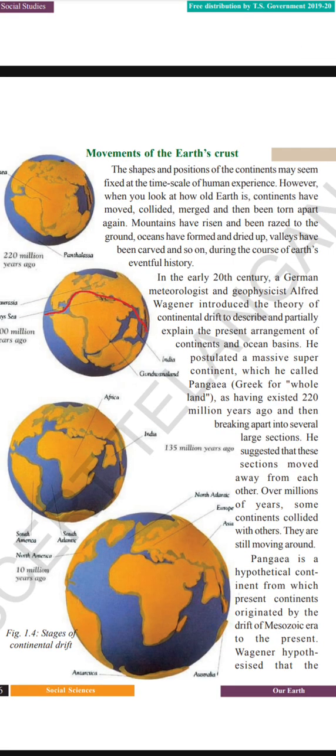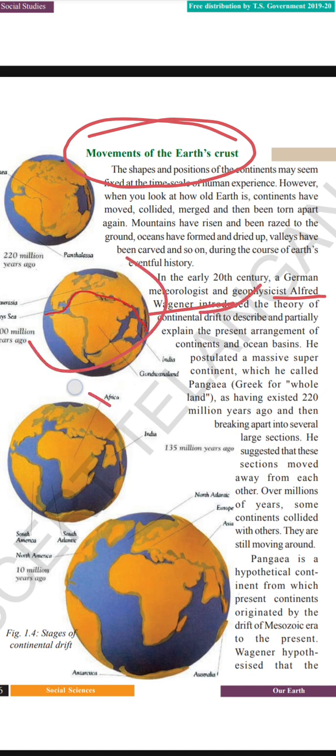One more piece of information. This is the theory of movement of the earth crust, which was presented by a German meteorologist, Alfred Wegener. Alfred Wegener introduced the movement of the giant landmass, or simply the earth crust.